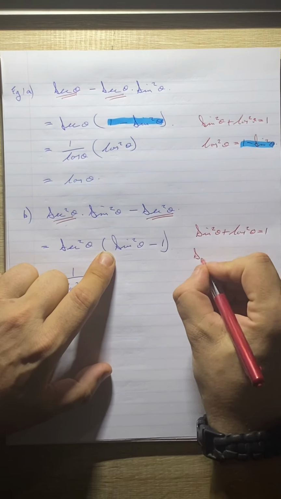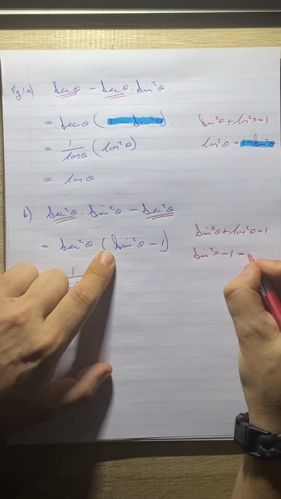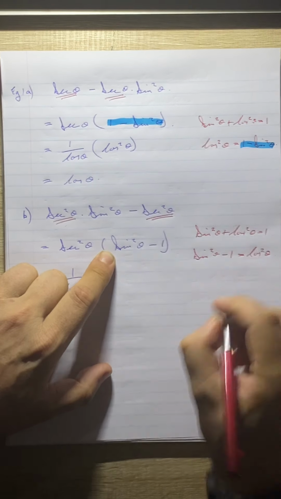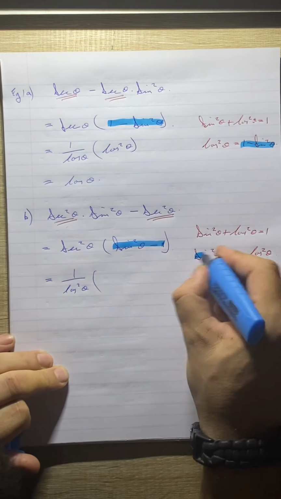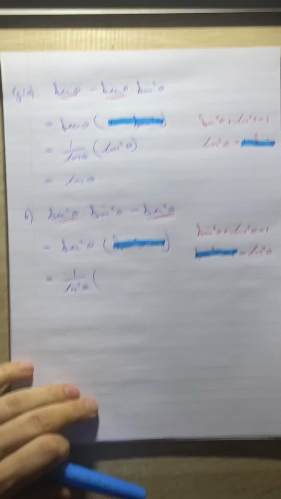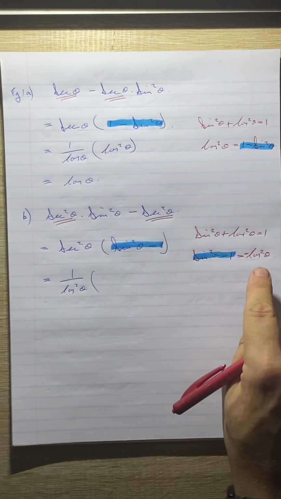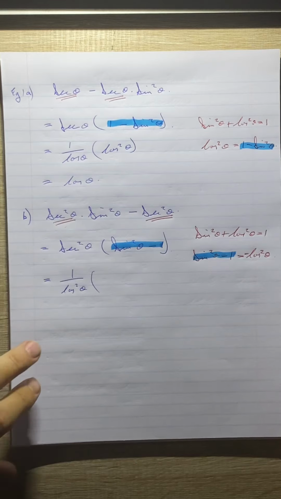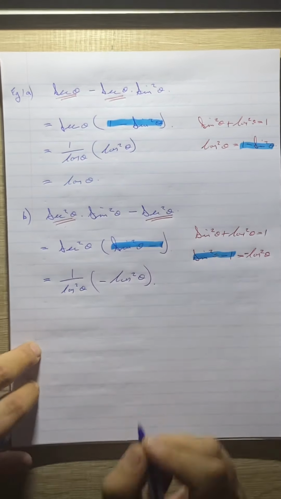So we get sine squared theta minus 1 is equal to cos squared theta. So there is my sine squared theta minus 1. And I'm going to replace it, sorry, not cos squared, but minus cos squared, because I take it to the other side. I'm going to replace that with minus cos squared theta.